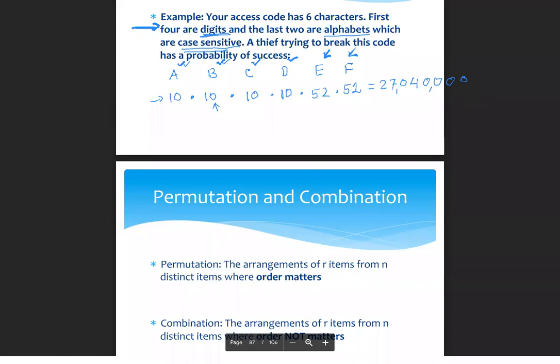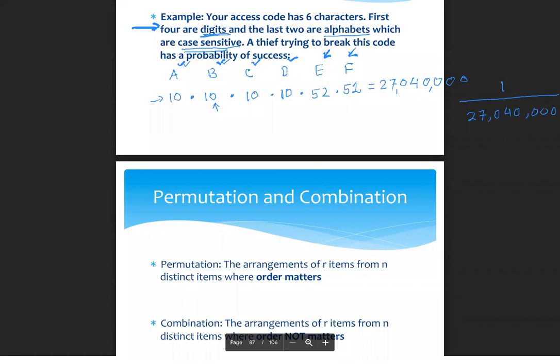So if a thief is trying to break in and access your account, then the thief has about a 1 in 27 million chance of being successful, right? Roughly about 1 out of 27 million.